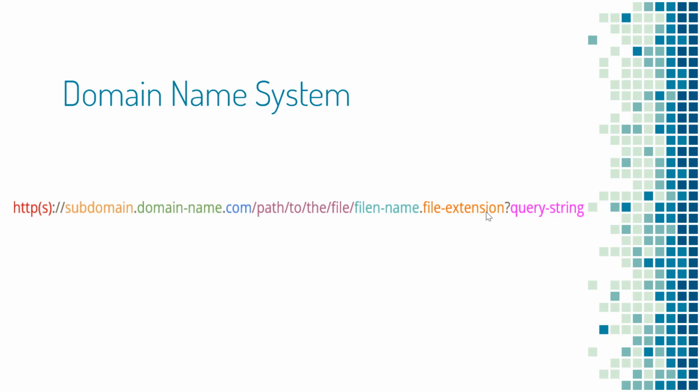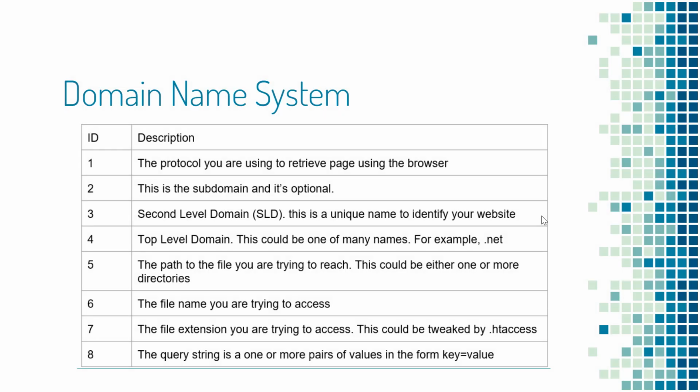In most cases, the file extension is used as an indicator of what programming language your web page is written with. Finally, we have this parameter, the question mark here, which means everything after this is sent as information. We are passing this information from this page to the next page. Most of the time, we call this a query string.